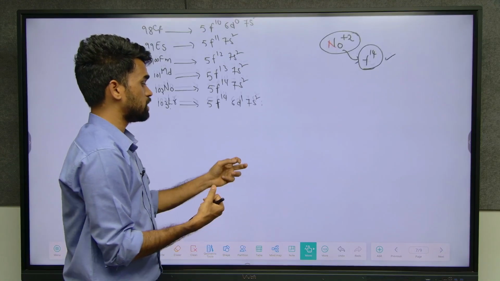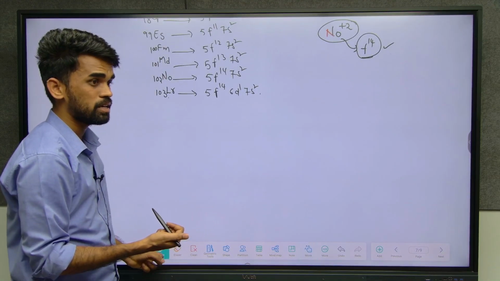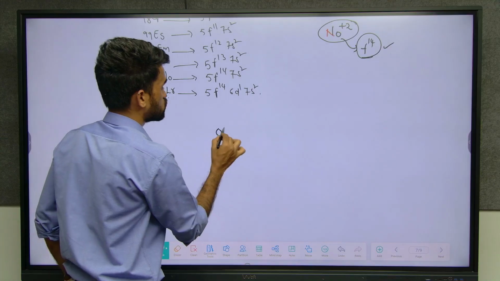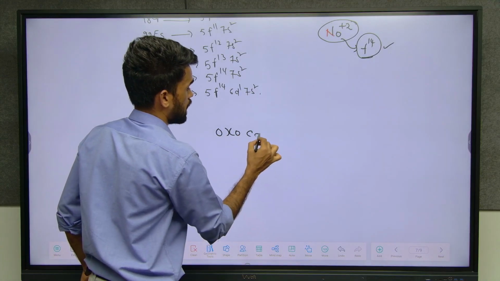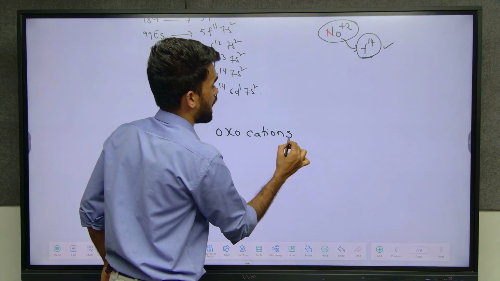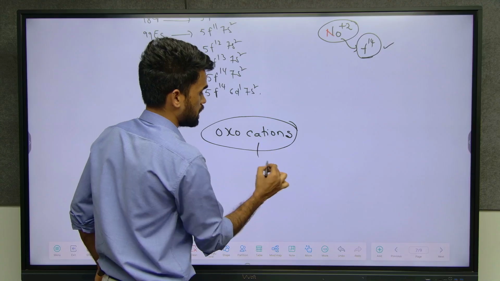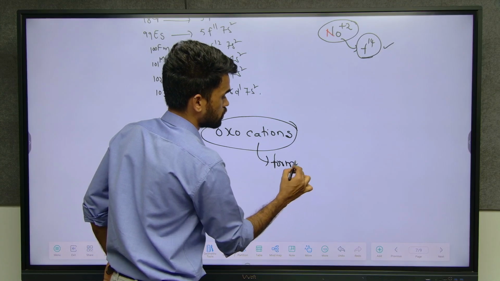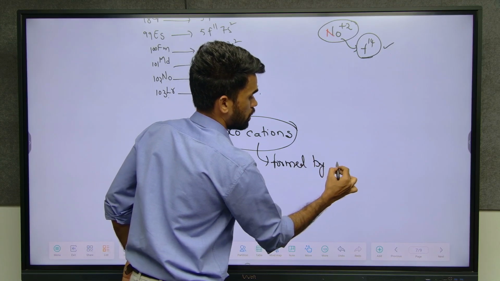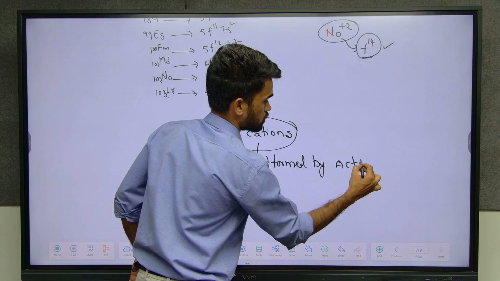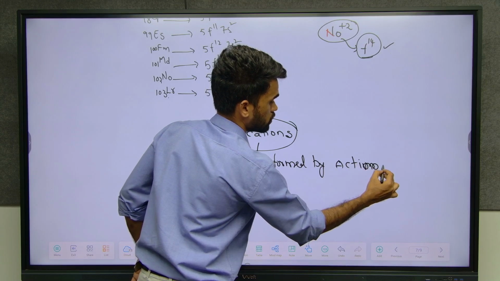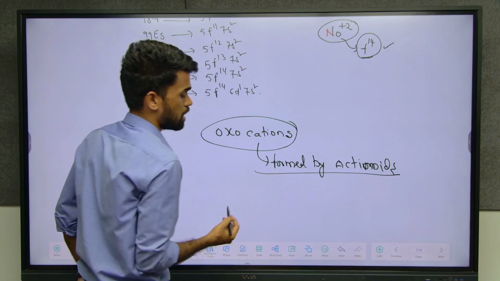See, there is something called oxocations. What I am saying? Oxocations. Oxocations are formed only by actinides, actinoids. Okay, what is this oxocations?